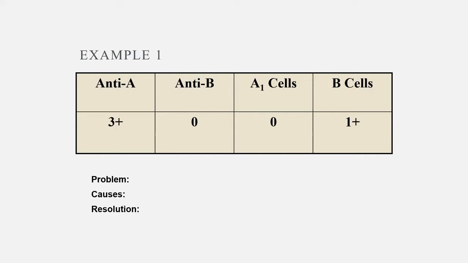So ABO discrepancy worksheets normally have longer sections. If the original type looks weird, it'll have immediate spin, then room temp 15 minutes, or 4 degrees 15 minutes.